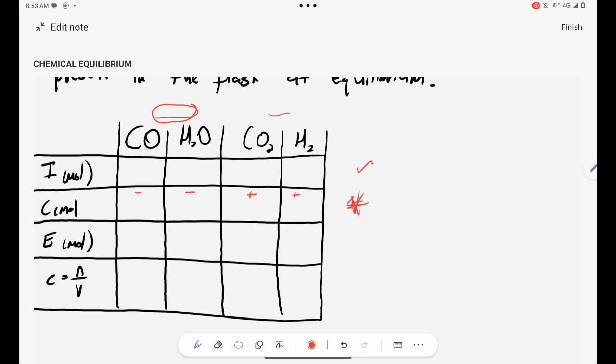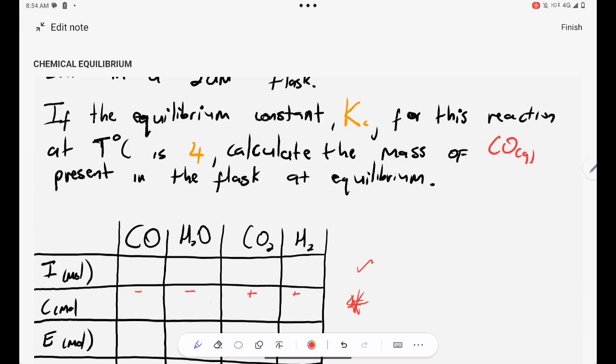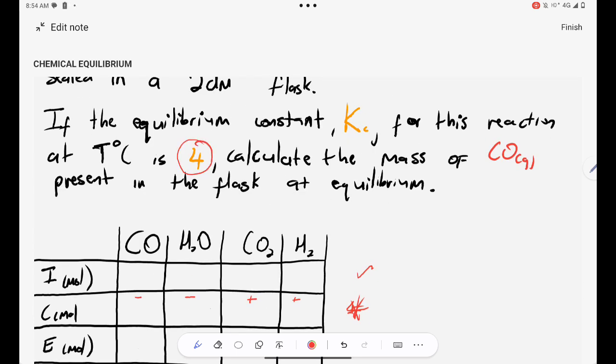Please keep that in mind. And then obviously over here we will have the quantity which is left at equilibrium, and the concentration at equilibrium. It's very important, guys, to find the concentration, because if ever we are given the equilibrium constant, we can only calculate it if we know the concentration of both our products and reactants at equilibrium.